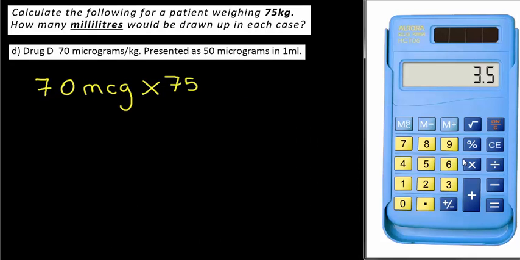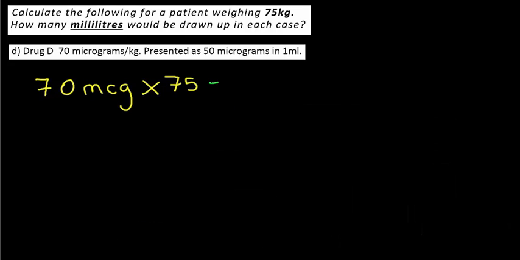Pull up the calculator, clear the decks. 70 times 75 equals 5,250 micrograms.